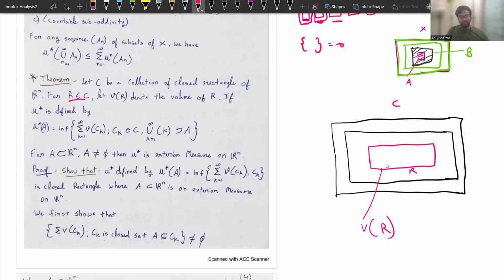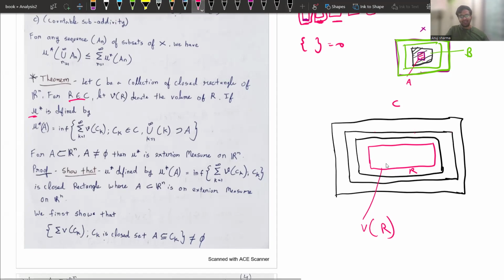And the measure is defined by the summation of the volume of C_k. It means these rectangles. There are many rectangles, and let's sum the volume of each rectangle. Suppose in this case there are three rectangles.